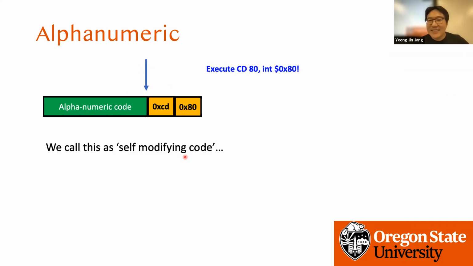This is called self-modifying code. This is the technique that malware writers are using, because at the time of checking the shellcode, there's no CD80, it's all English characters. It doesn't look malicious. That's what most antivirus software is doing: they're searching for CD80, /bin/sh, or something. But they will never find it without running the code.